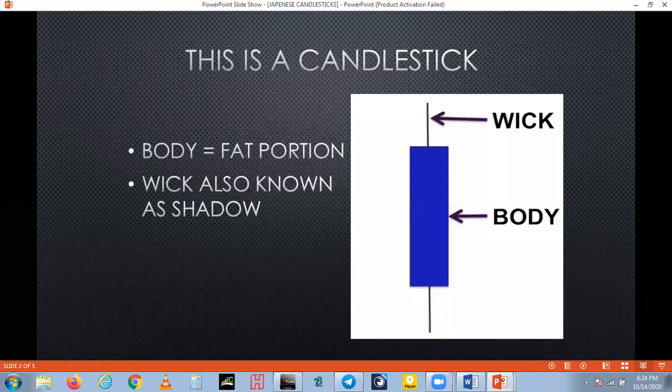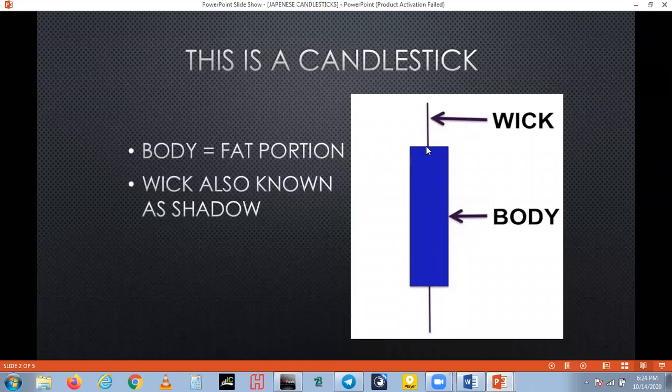So this is a candlestick. This is a Japanese candlestick. You can see this big thing you are seeing here, this rectangle. Whatever it is, this thing you're seeing here is what we call the body, the fat portion.